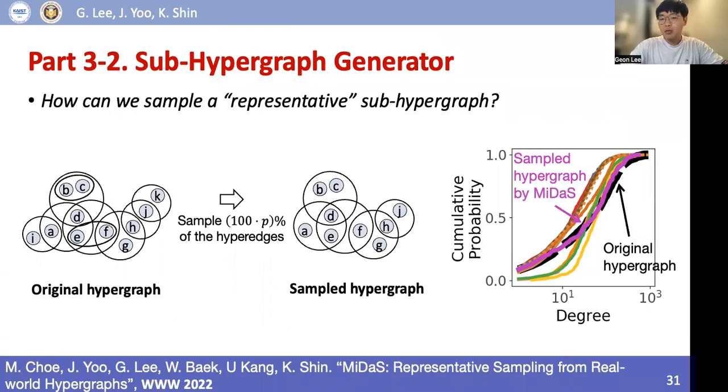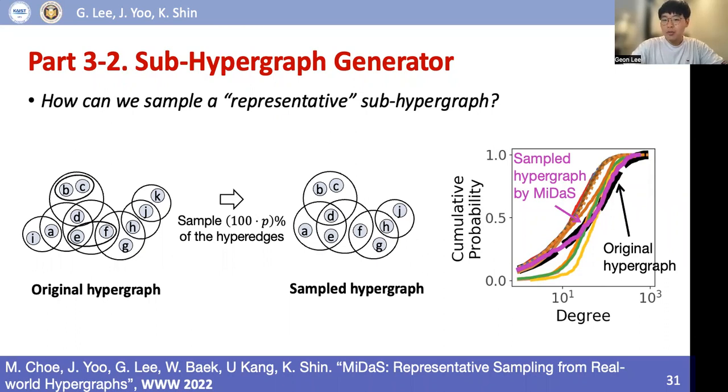Some of you might think that randomly sampling the hyperedges uniformly may be the solution. However, this yields an extremely sparse sub-hypergraph which hardly reproduces the original structural patterns. MIDAS, which is one of the methods we will discuss in this part, is designed to sample a representative sub-hypergraph as shown in the right-hand side figure.